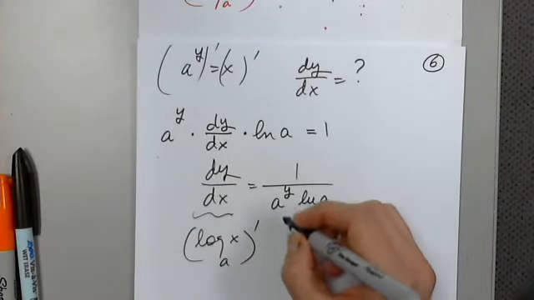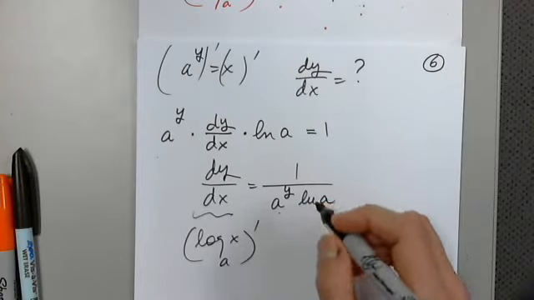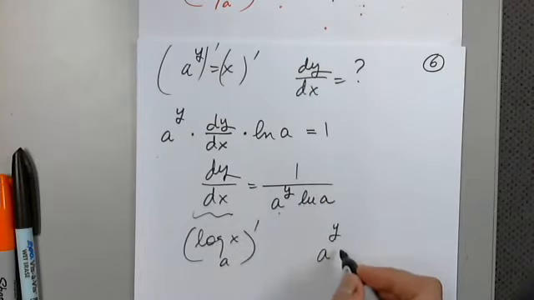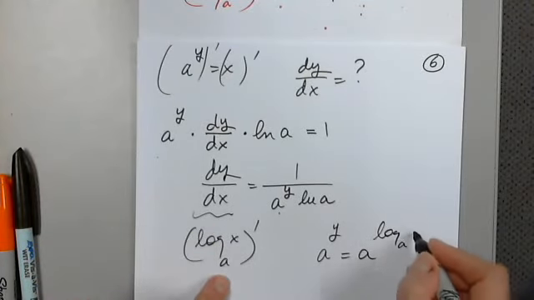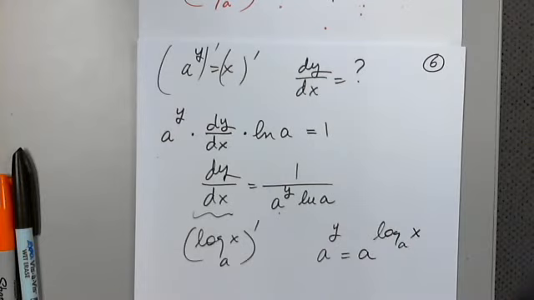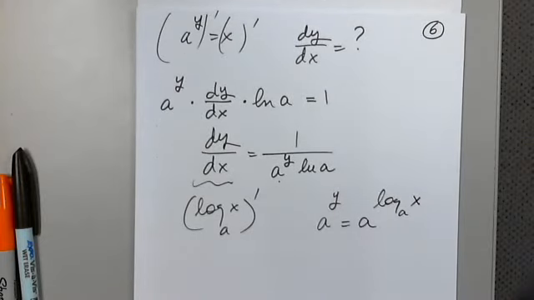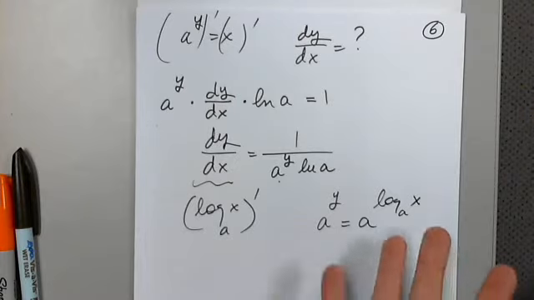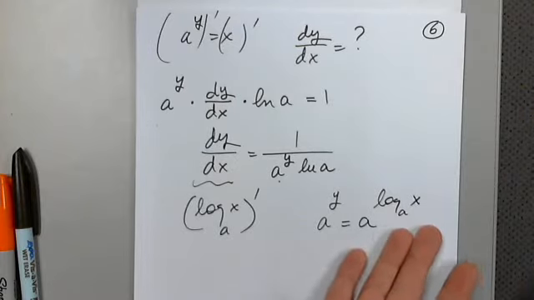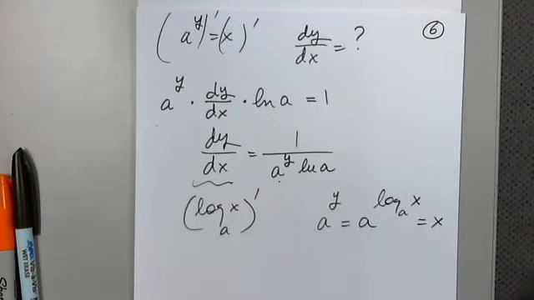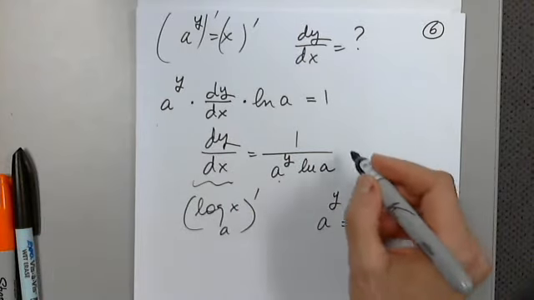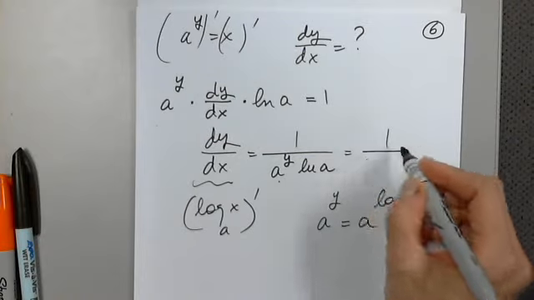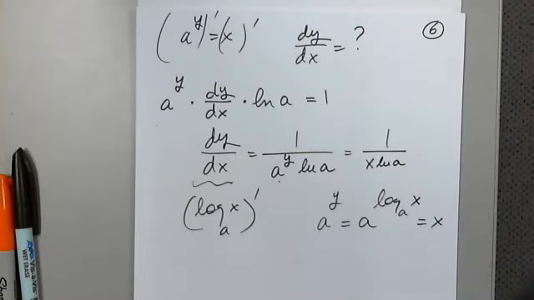But remember, I have a raised to y, and y is log base a of x. But what does this represent? We just had this property a few minutes ago. Yes, indeed. So coming back now to finish up my derivative, this is nothing else but 1 over x natural log a.